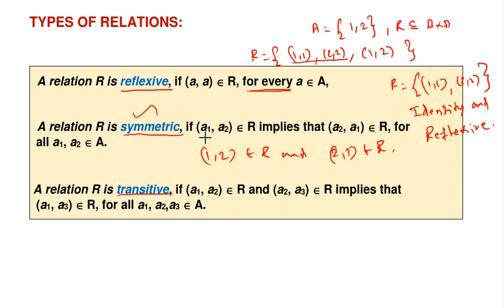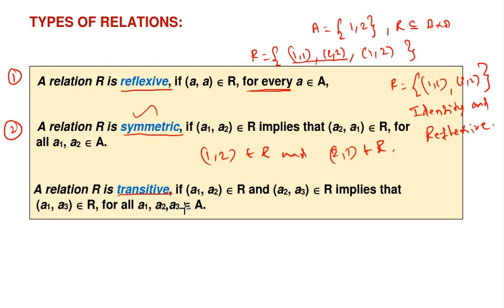So if (a1,a2) belongs to R, then (a2,a1) should be an element of the same relation R. This is true for every ordered pair (a1,a2) belonging to R. So this is the definition of symmetric relation.